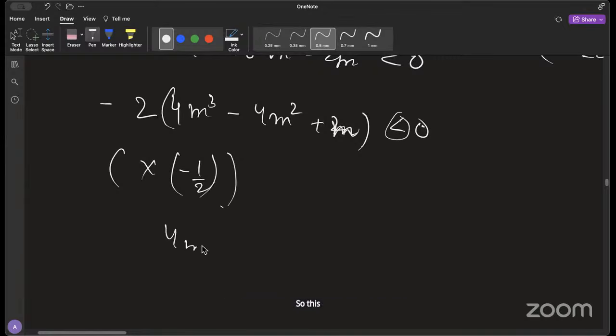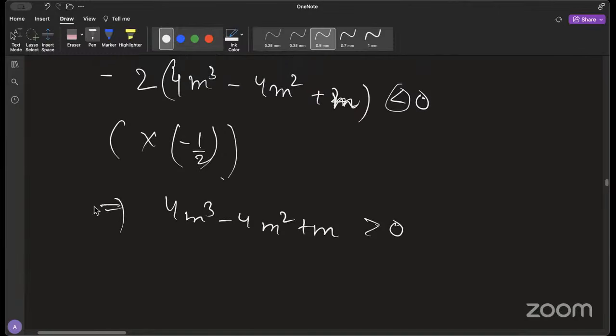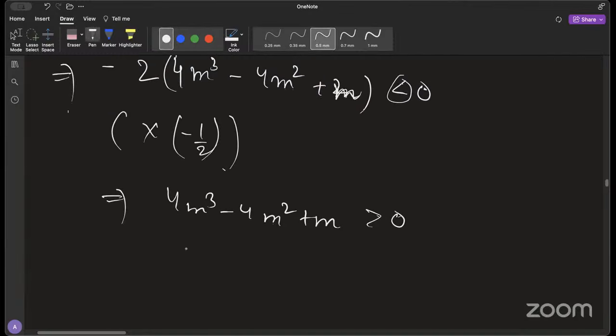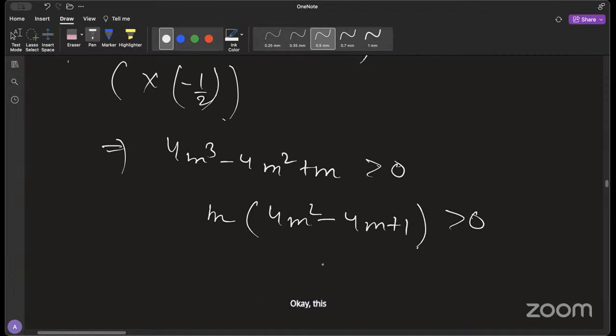So this becomes 4m cubed minus 4m squared plus m greater than 0, right? This means I can take m common. I'll have 4m squared minus 4m plus 1. This should be greater than 0.